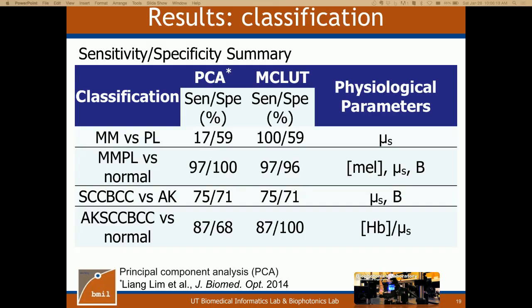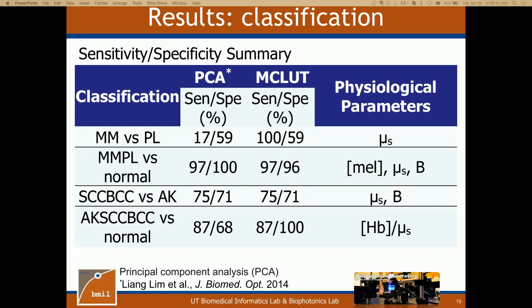The PCA provides the principal components, which we don't know what these components are. And my model provides some physiological parameters, so we know what contributes to the classification result. Our model results are as good as our previous PCA results, or sometimes even better.